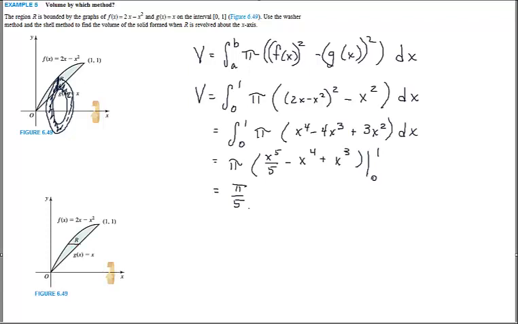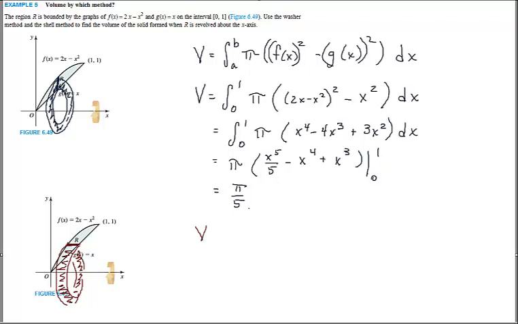Alright, to do the shell method and create shells, that would look like this. I would have these little segments that would then revolve about this x-axis, so that I would have these shells of a particular height, kind of like this as they go around there.